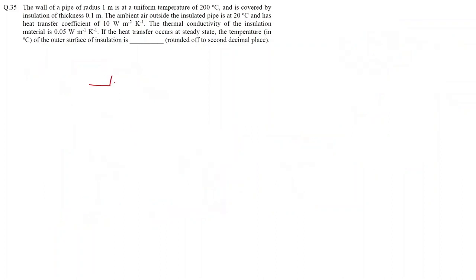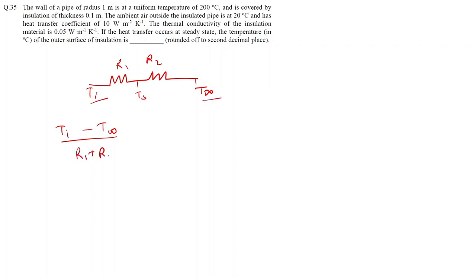So for the given resistance diagram with Ti, Ts and T infinity, if we write the energy balance, the overall heat flow will be Ti minus T infinity, and between them we have two resistances, so it will be R1 plus R2.